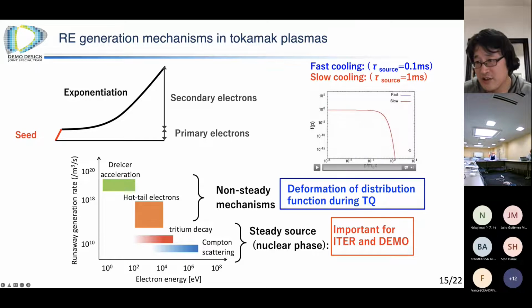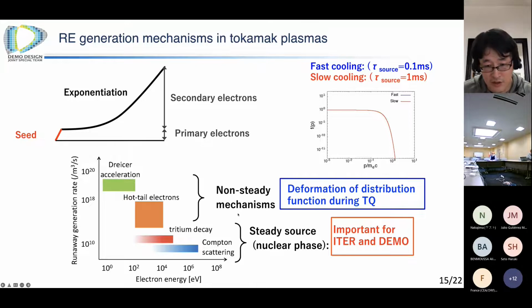The tail of the electron distribution can be accelerated due to the electric field associated with such a cooling process, because the resistivity depends significantly on the temperature, and so such a cooling can lead to the acceleration of the tail part of the electron distribution function.